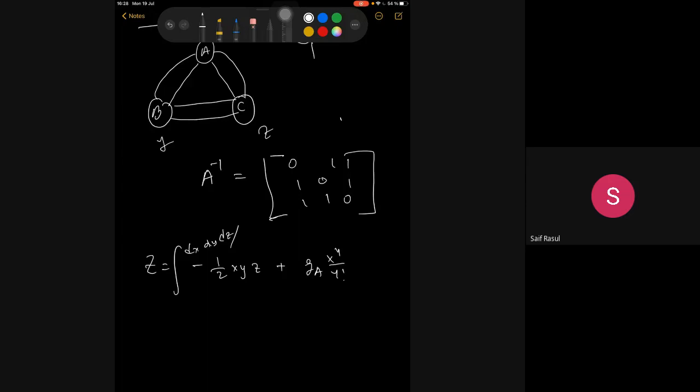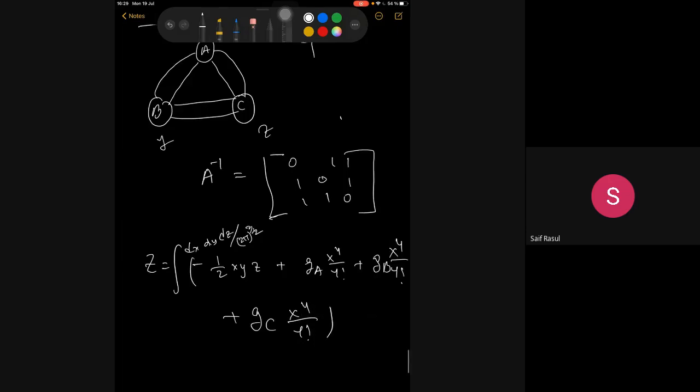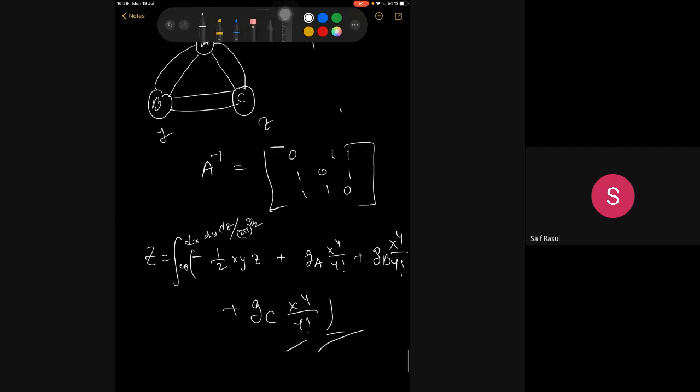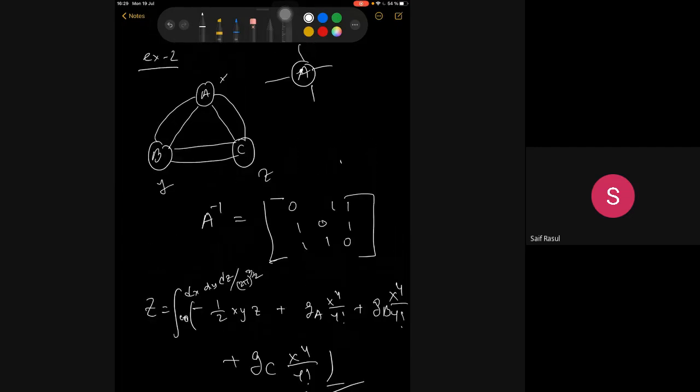The factor would be 2 pi to the 3 by 2, I think. And this solves our problem. It is an exponential and so on. So this solves our quartic vertex problem.